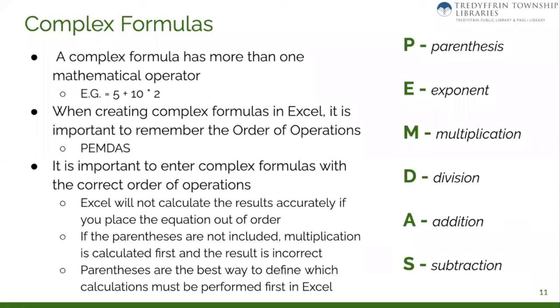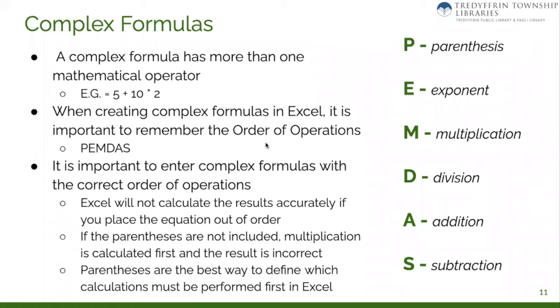This part's a little bit tricky, but it's kind of going back to your, I guess it would be pre-calc, or maybe, boy, I don't even know what math class it would be, but back to when you were studying math in elementary or high school, and just remembering the order of operations. I always like to say parentheses can be your friends, or they can be your enemy as well.